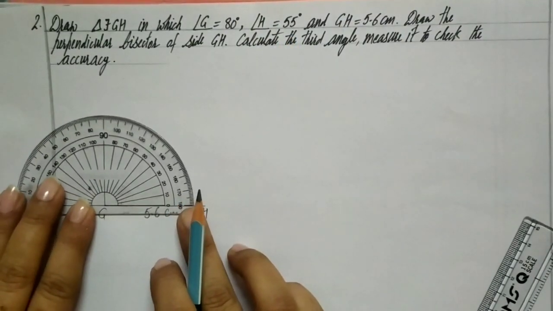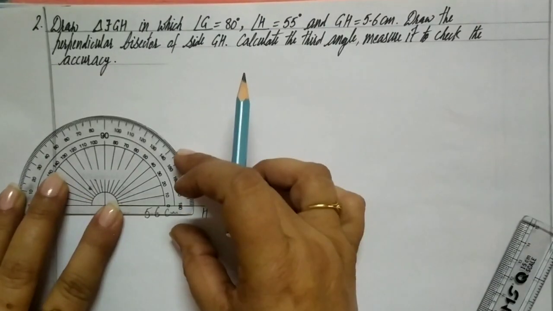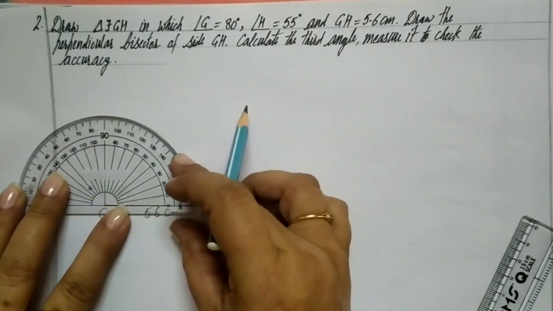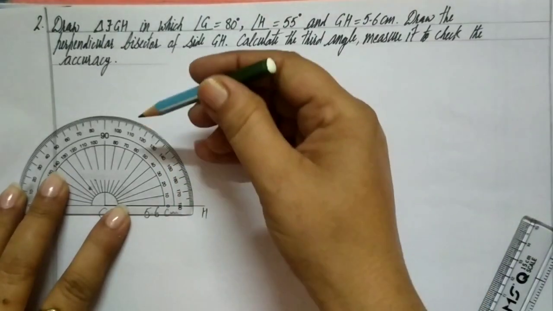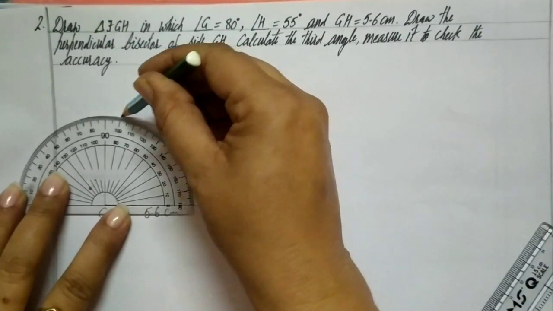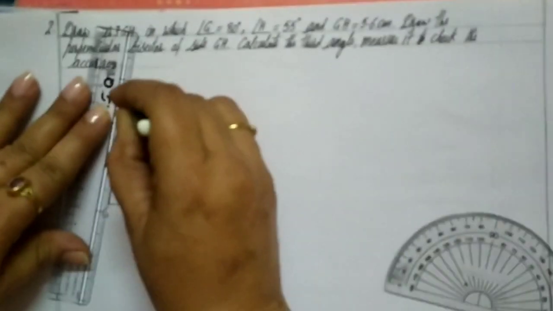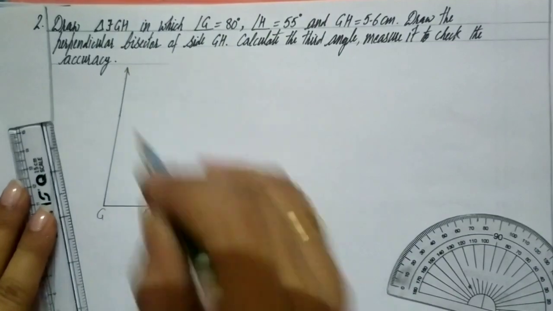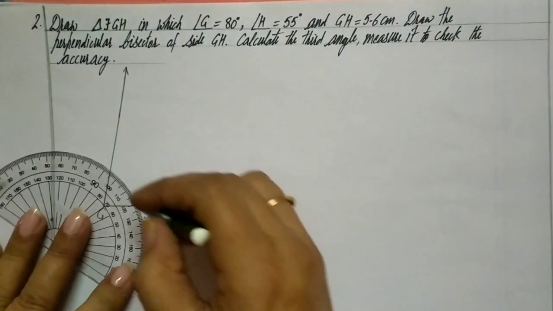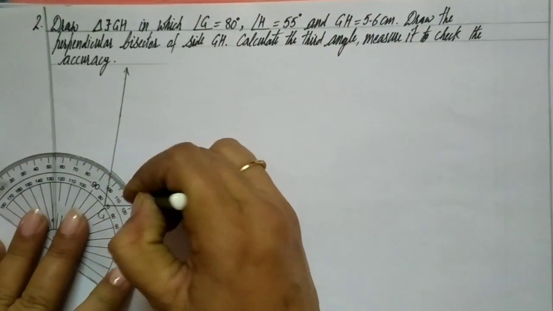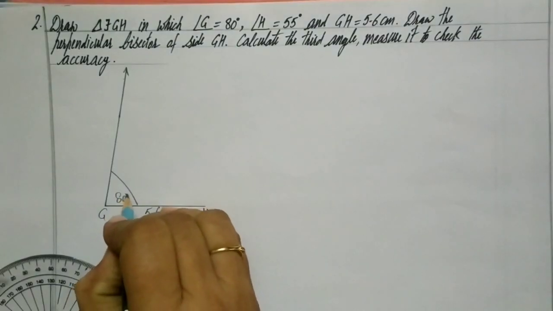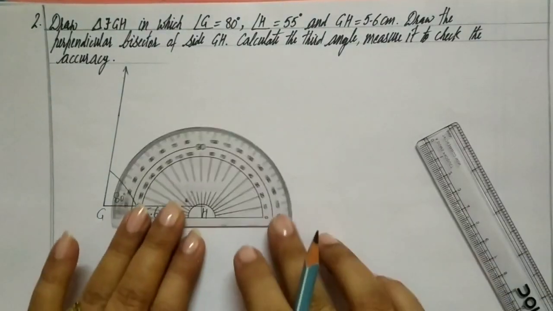Now we have to draw an angle of 80 degrees at G and 55 degrees at H. Taking G as center, draw an angle of 80 degrees. So 80 degrees is here. Draw the ray starting with point G and passing through the point that we have marked. This is 80 degrees. At H, 55 degrees.